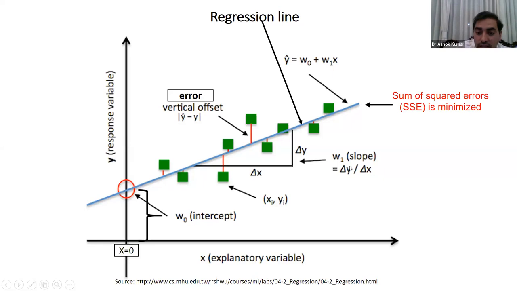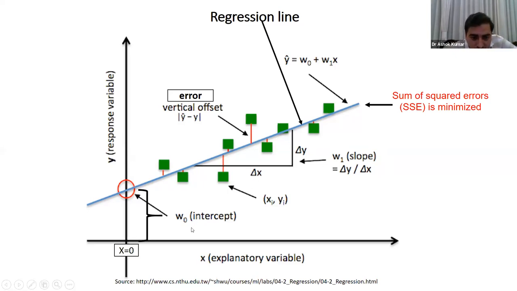So what is delta y? You can see from this point to this point, this is the slope. Here is y, and there is also y, so the difference between these 2 points is delta y. What do we mean by delta x?